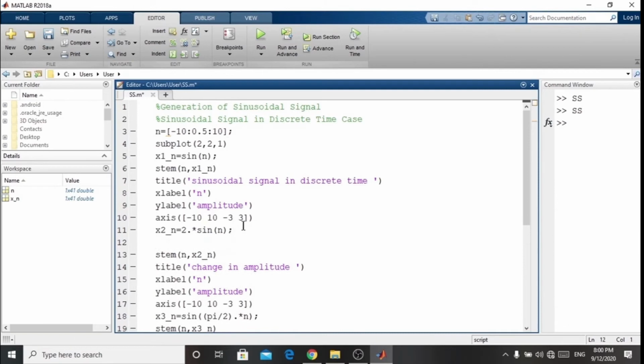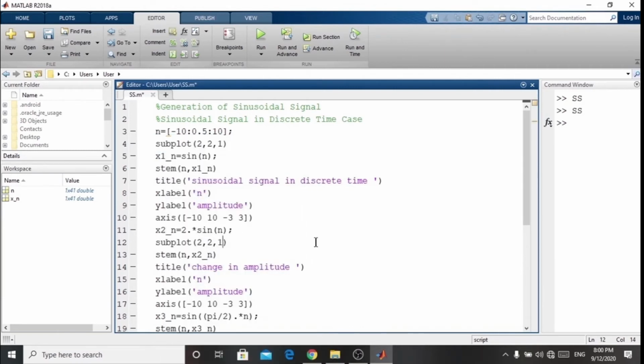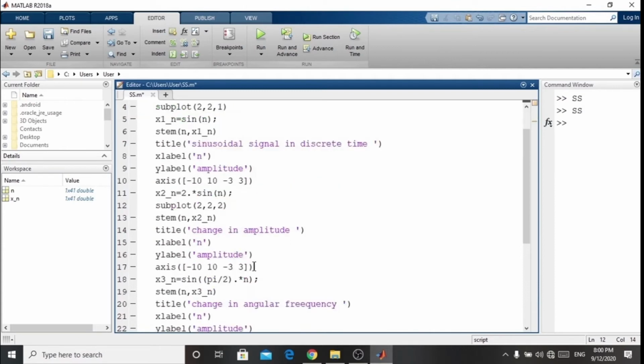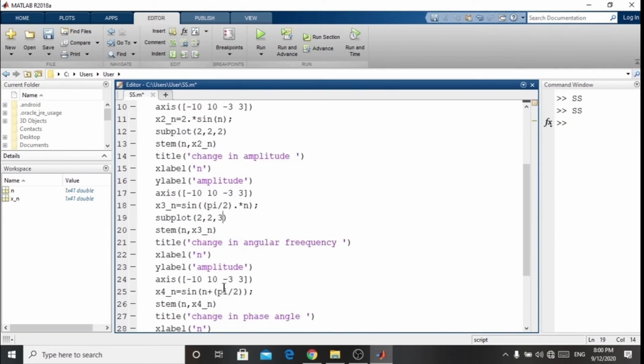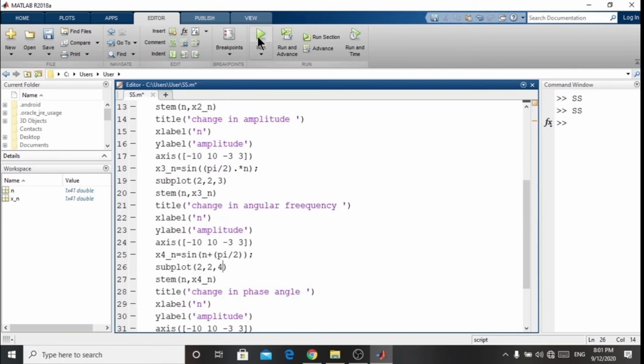Next here, but here the priority is 2. Copy pasting it here, and here the priority is 3. Here the priority is 4. Now let's run the code and observe how the 4 graphs will look like.